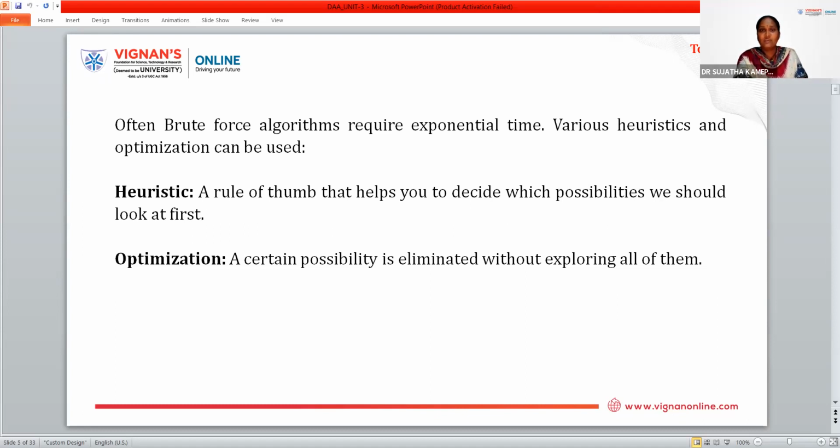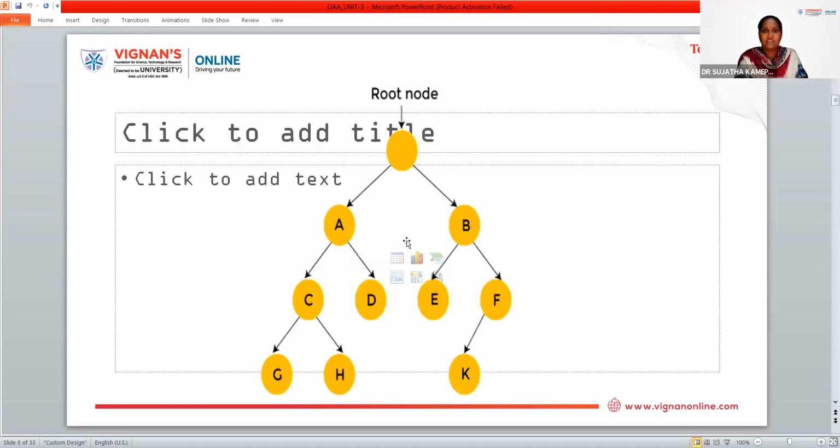Okay, now we can understand the brute force approach through an example. So here you can see a tree-like structure. If I want to solve any problem, that can be converted in the form of a tree, which is shown below. The brute force search considers each and every state of a tree, and the state is represented in the form of a node.